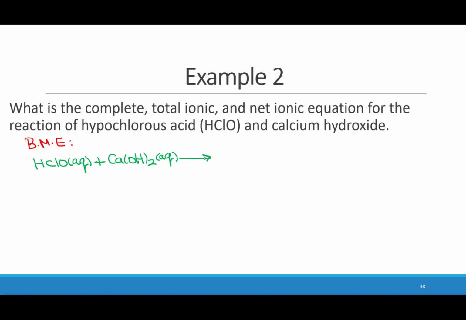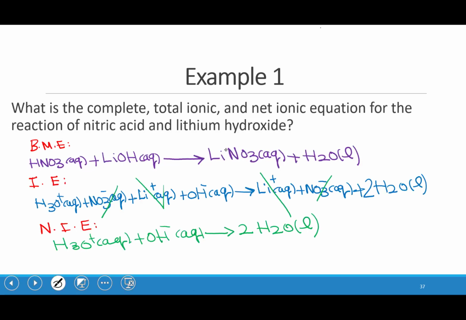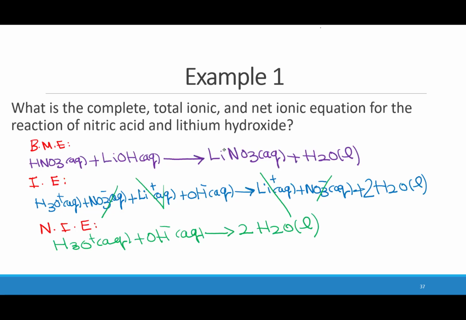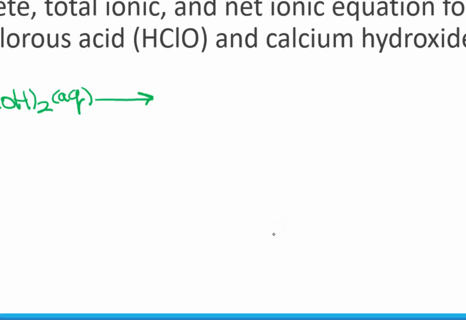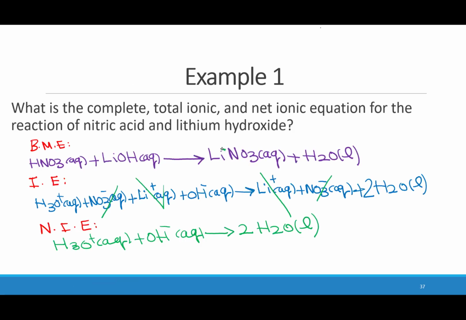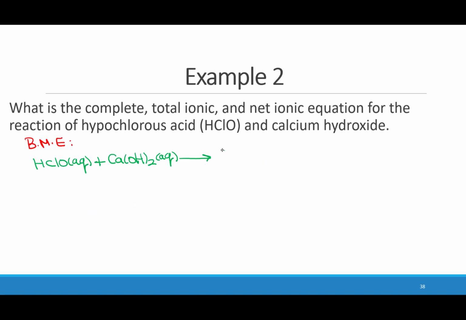Then you produce calcium hypochlorite, aqueous, plus liquid water.